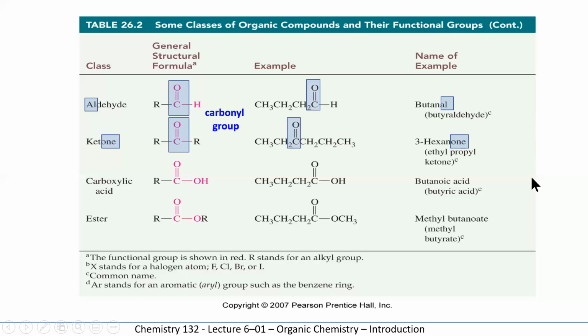Now, if we continue oxidizing, we can end up with a carboxylic acid. If you oxidize an aldehyde, you can get a carboxylic acid, which is a carbonyl group really attached to an alcohol. But it's neither a carbonyl group nor an alcohol. We now classify it as a carboxylic acid because its properties are different than either an aldehyde or an alcohol.